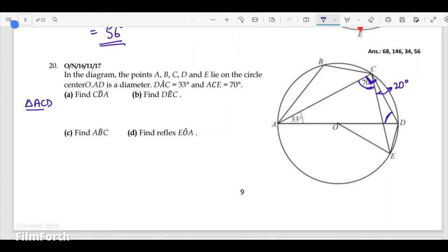Because this is the angle made by the diameter AD, and hence this is a right angle. So for CDA, we can use the angle sum of triangles. So 180 degrees, take away 90 degrees, take away 33. The answer would be 57 degrees.